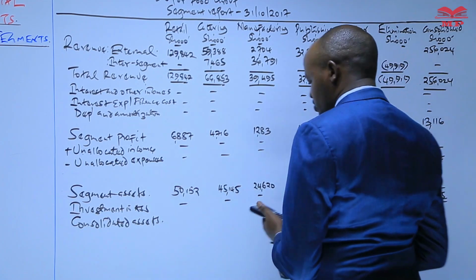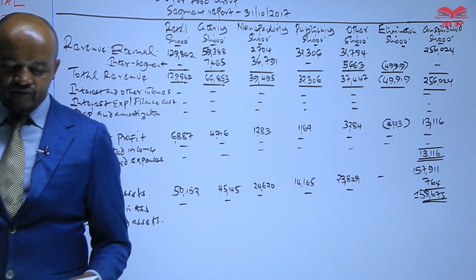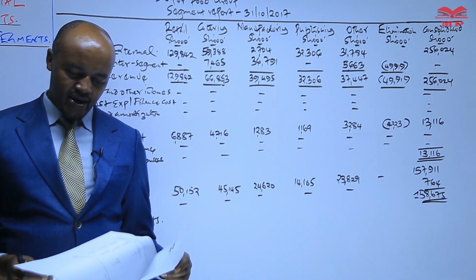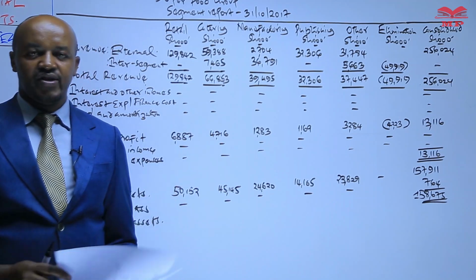And basically this also should correspond with the total asset given in the statement of financial position. Yes, 158,675.